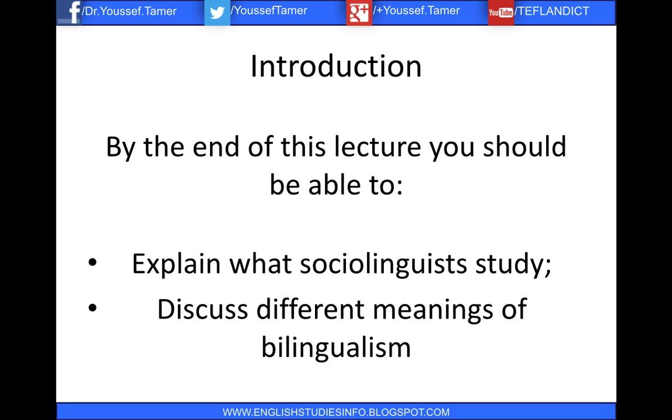So, the first thing we have to deal with in relation to the first question, what sociolinguists study, is to determine the scope, as I told you in my introduction of the syllabus last class, the scope of sociolinguistics. Okay? What sociolinguists study. And as I explained last time, sociolinguistics is a sub-branch of the main specialty called linguistics.